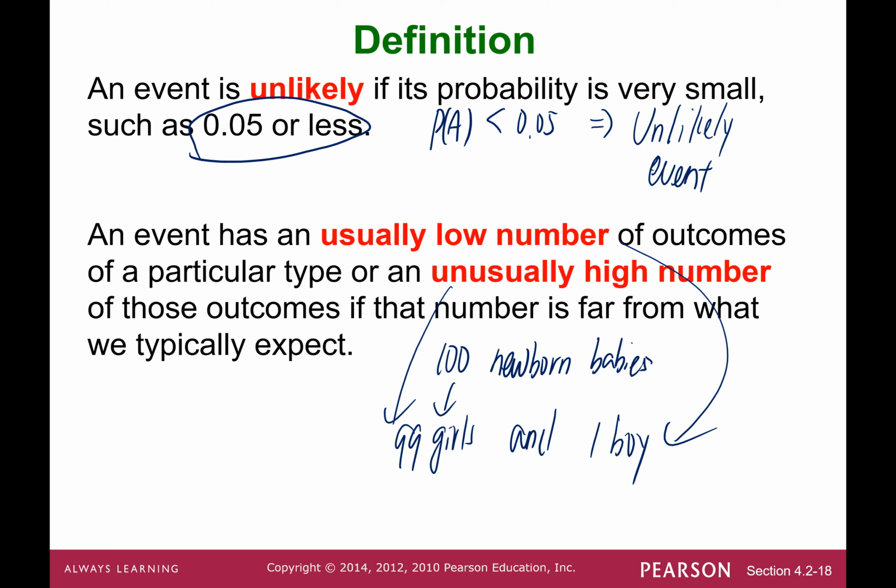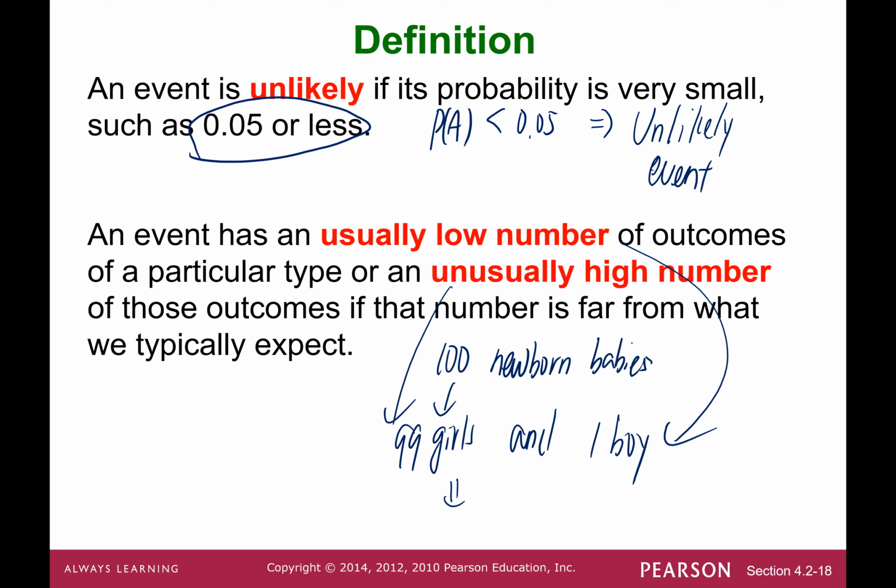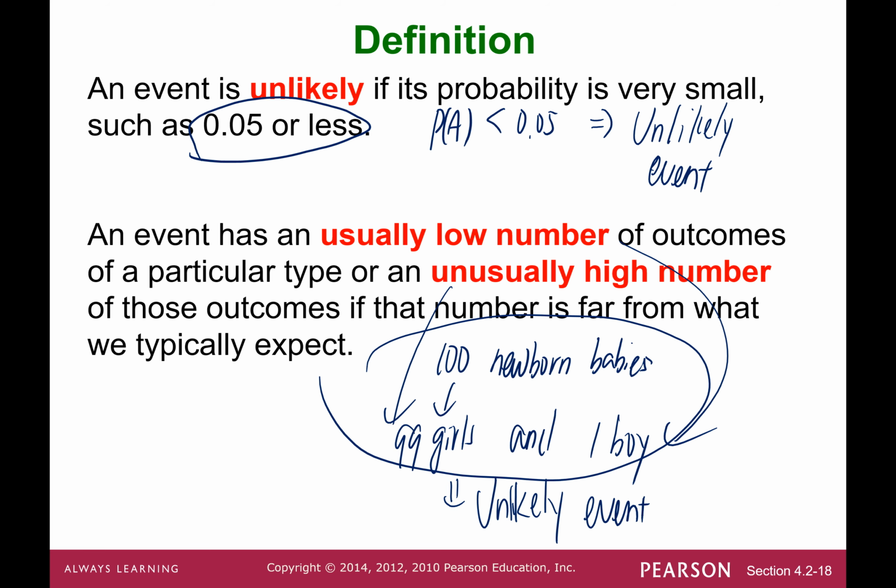And this is what we call an unlikely event. The probability for this to occur is very low. Probability of this particular outcome will be extremely low.